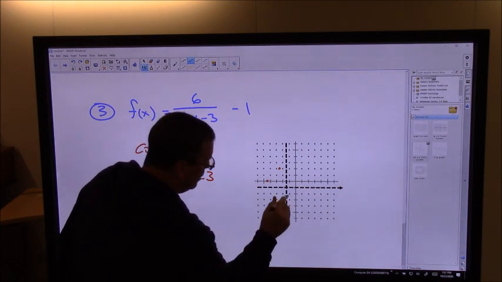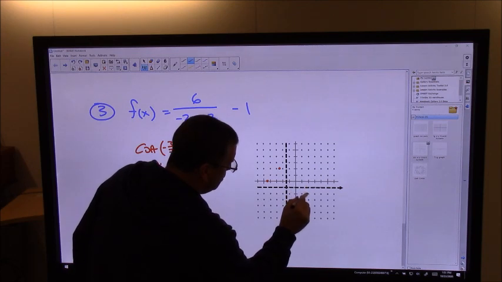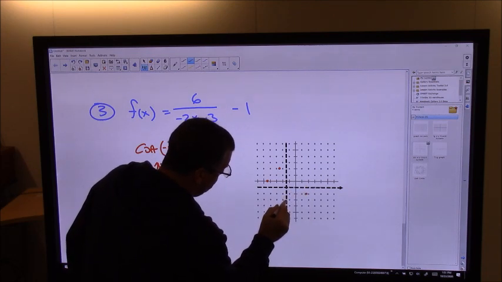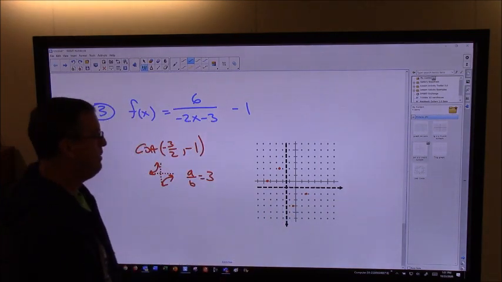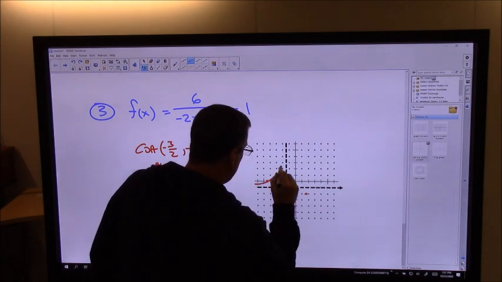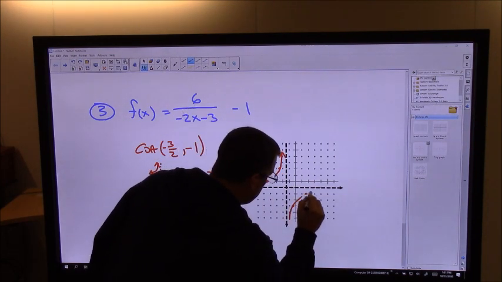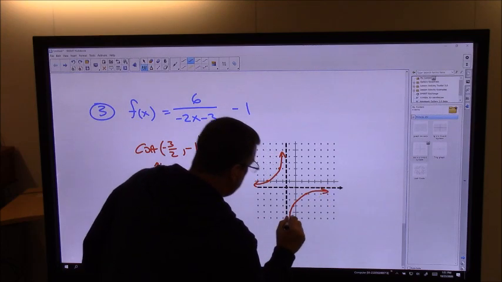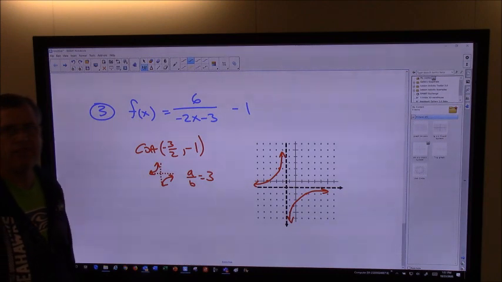I'll do the same thing the other way. 1, 2, 3, come down 1 unit, and then go down 1, 2, 3, come in 1. Now I'm ready to draw the 2 curves. There it is. We've graphed that function.